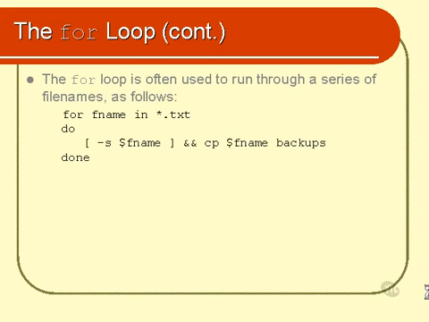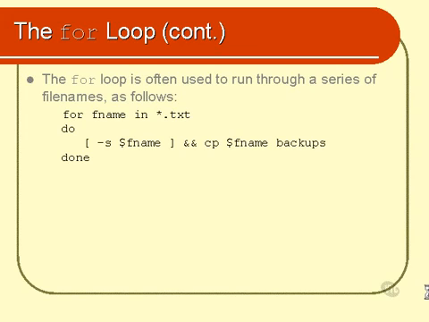So the variable fname will take, in turn, one value that represents each of the star.txt files in the current directory. So if there are 10 txt files, then you'll go through the loop 10 times. If there's one, then you'll go through it once, and if there are none, then you'll actually go through it once. And the value that you will have for fname as you go through will actually be star.txt.